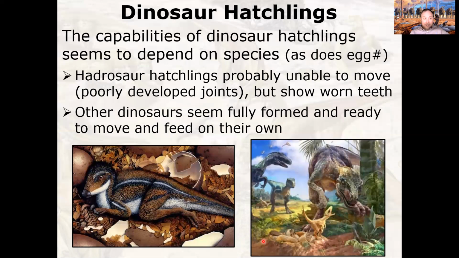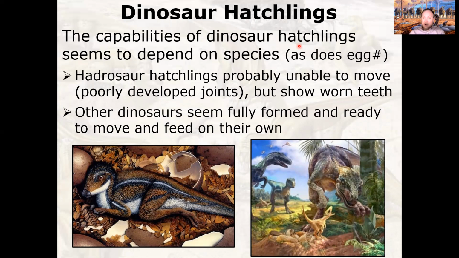So the capabilities of dinosaur hatchlings, again, it depends. This is the answer to a lot of these questions, unfortunately. Remember that dinosaurs lived for a very long time. They lived from 252 million years to 66 million years. And there's 5 big clades of the dinosaurs that we're going to talk about.